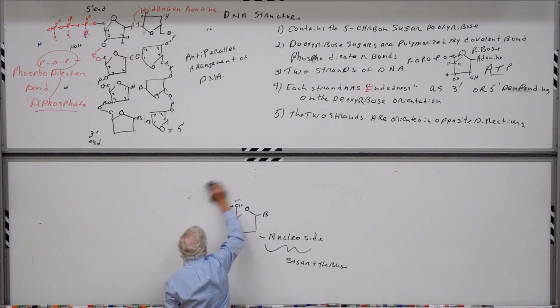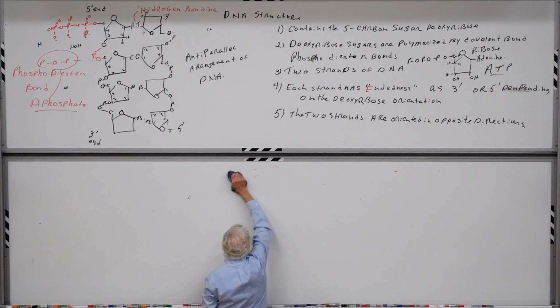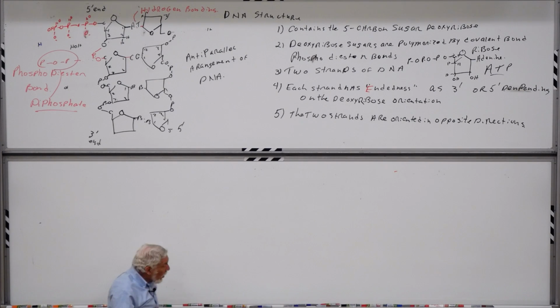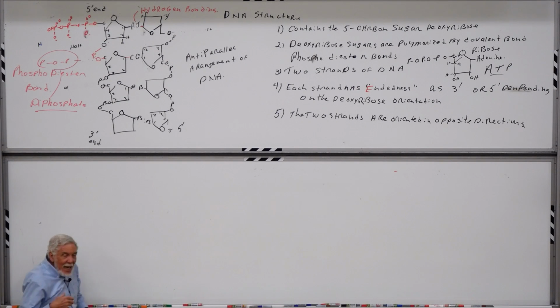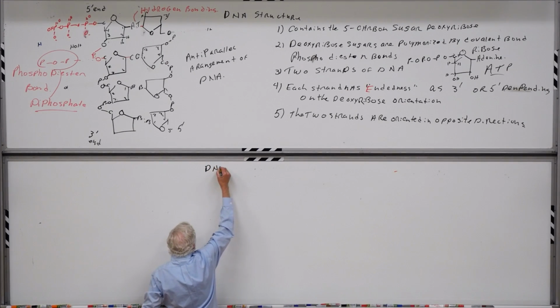One of the insights that Watson and Crick and others had in the early 1950s, late 1940s, was that the molecule at the heart of how biology functioned on the planet had to have a couple of major characteristics. To define life, life must replicate itself. It has to reproduce. And so to be the molecule of life, these molecules needed to have a mechanism of replicating themselves. And that's what we're going to talk about now, the concept of DNA replication.